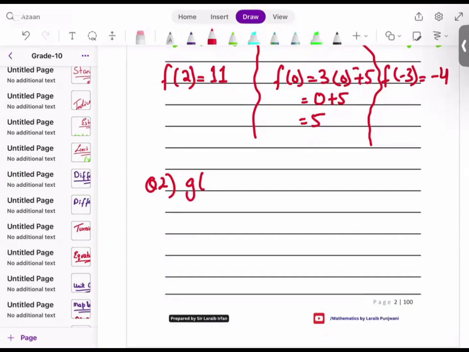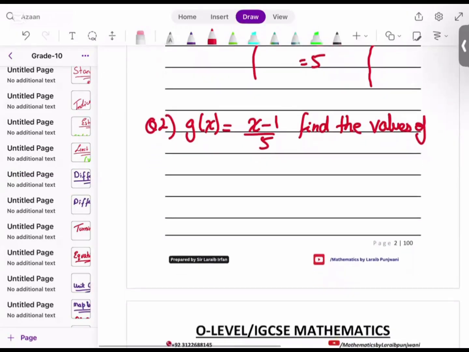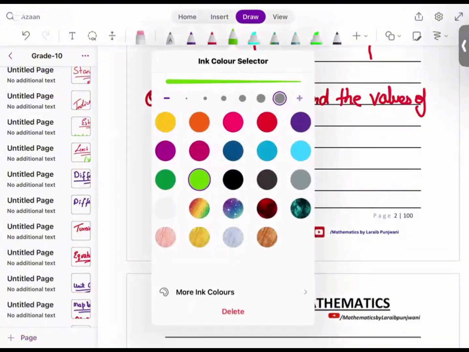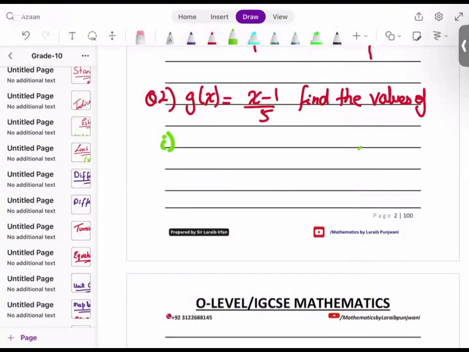Now, they have given the function in g form. g(x) is equal to (x minus 1) divided by 5. Find the value of part 1, g(3), part 2, g(6), and then part 3 is g(11).